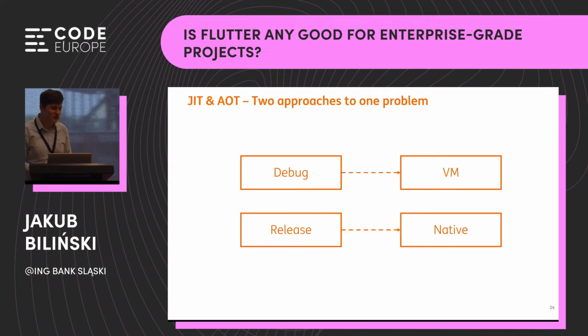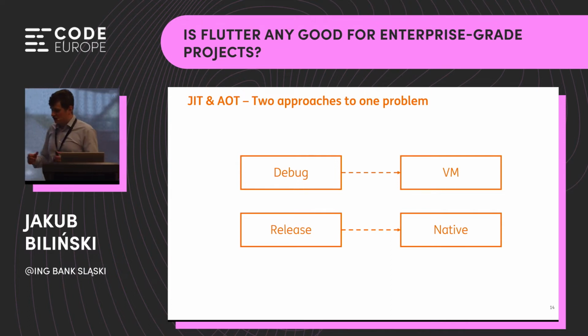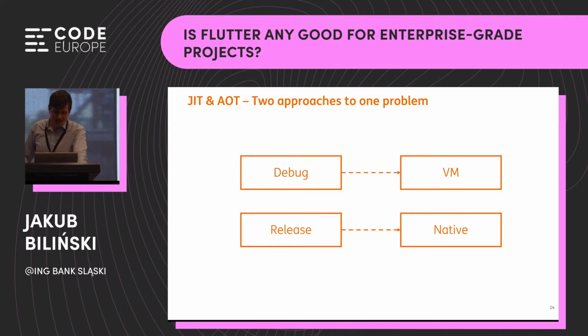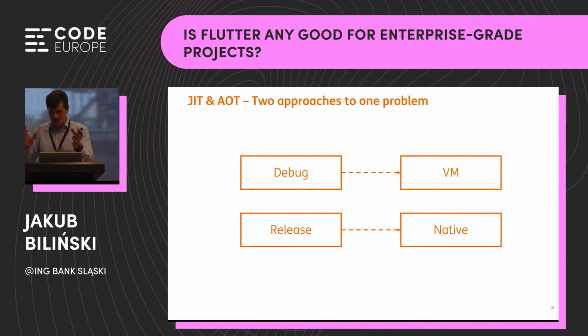Okay, let's continue. I also said that Flutter is really fast, and we know that's partly because of the rendering that's done with Skia, but that's not all. Flutter in debug mode runs in a virtual machine. That's why we can reload the code just like that, because part of the code can be easily changed and reloaded behind the scenes in the virtual machine. That's a great solution.